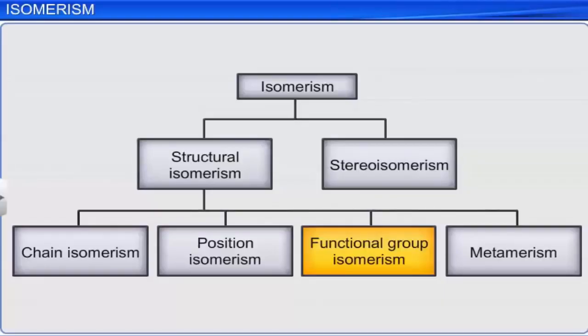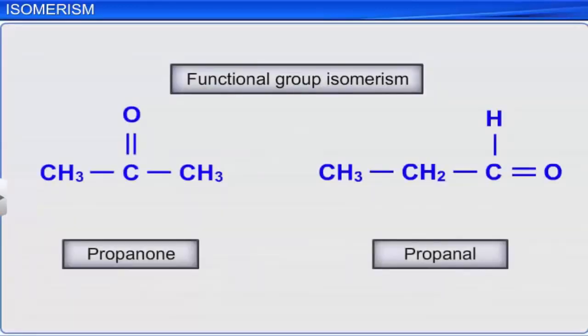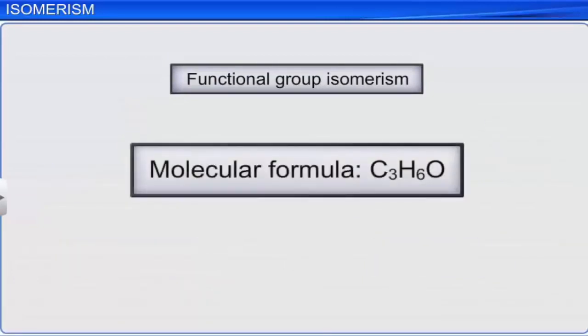Next, let's look at functional group isomerism. Compounds that have the same molecular formula but different functional groups are known as functional isomers, and the phenomenon is known as functional isomerism. Propanone and propanal represent two functional isomers having the same molecular formula, C3H6O.